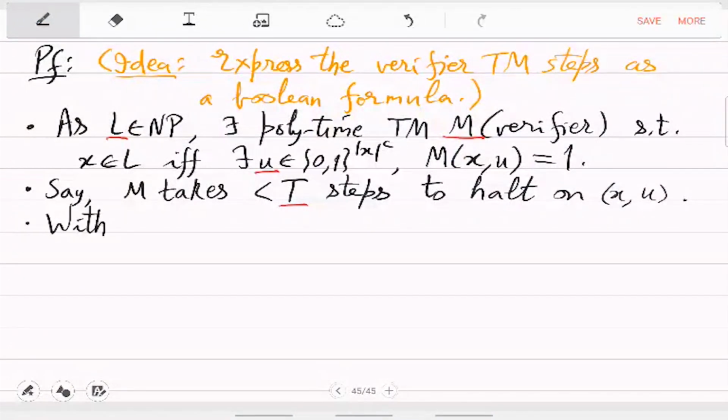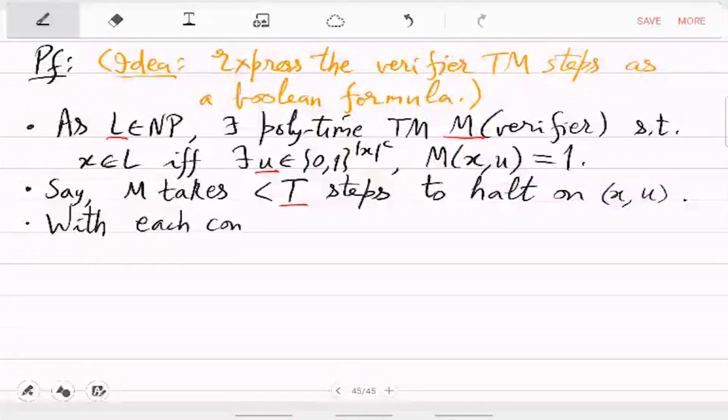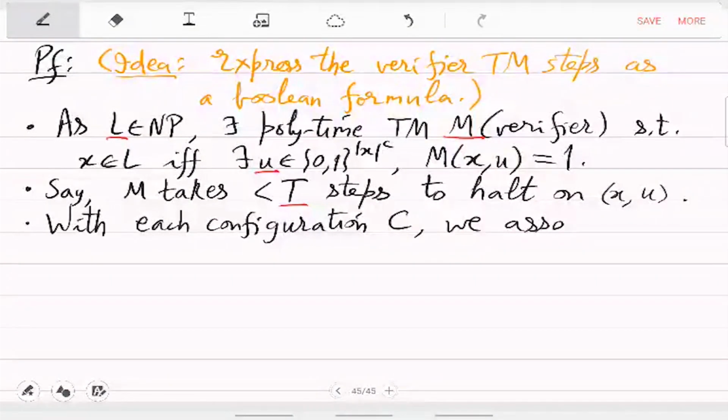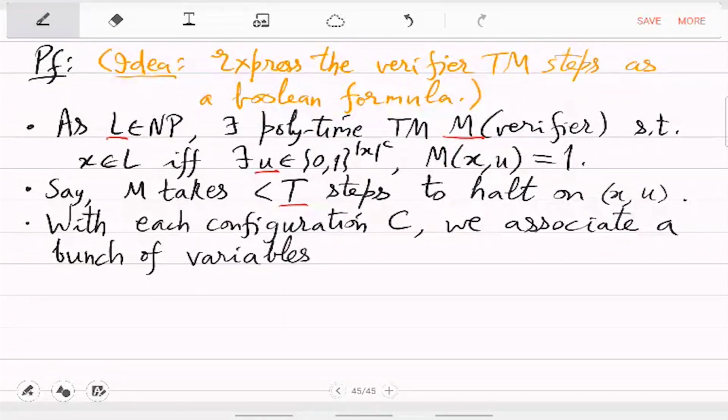which means that at most T configurations are there for the Turing machine execution. So with each configuration C, we associate a bunch of variables. Right, so a configuration has to store everything there is.